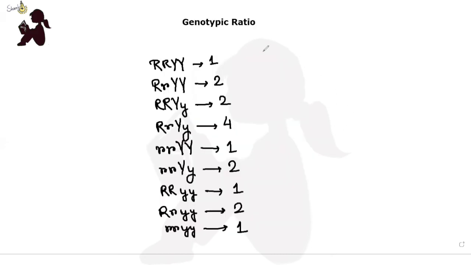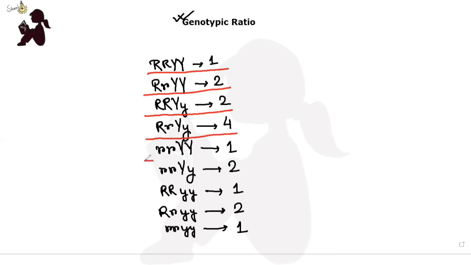Now from the Punnett square we can see different genotypic ratios, and those are: capital R capital Y is present in number 1. Capital R capital Y in 2. Capital R capital Y small y in number 2. Capital R capital Y small y in 4 number.